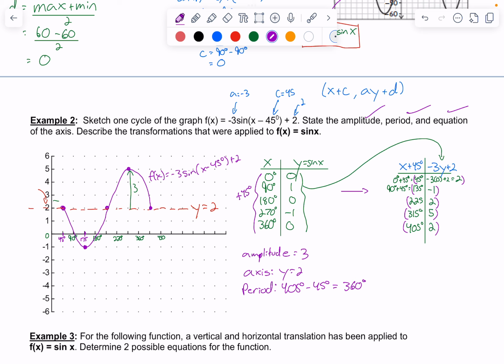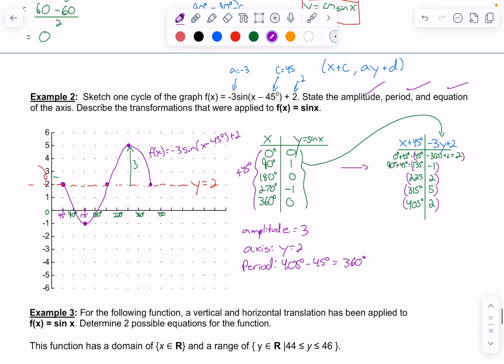Perfect. Describe the transformations that were applied. Okay, so state them in order. Remember, you read it left to right. So the first sentence, we'll talk about that negative. This is a reflection over the x-axis. The next one you have is a vertical stretch by a factor of 3.